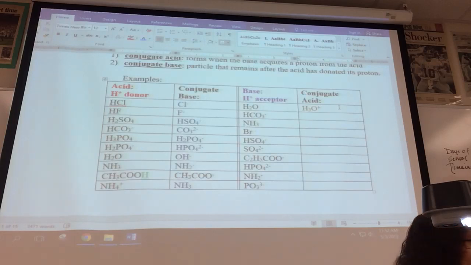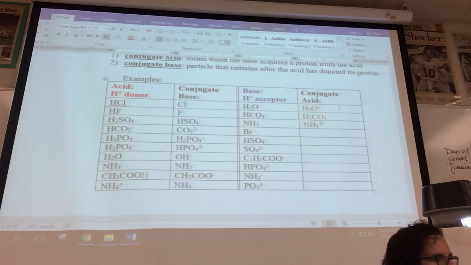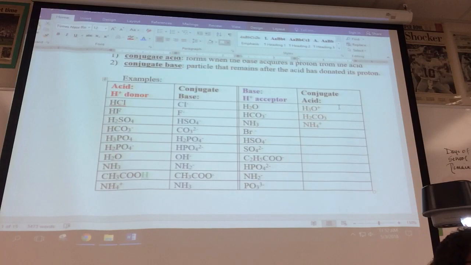In this case, it's a base, so it is forming... ammonia can act as a base, and it would form... typically when you add the H, you add it to the front unless there's an H already there or you have a COOH. So bromide ion as a base forms hydrobromic acid.